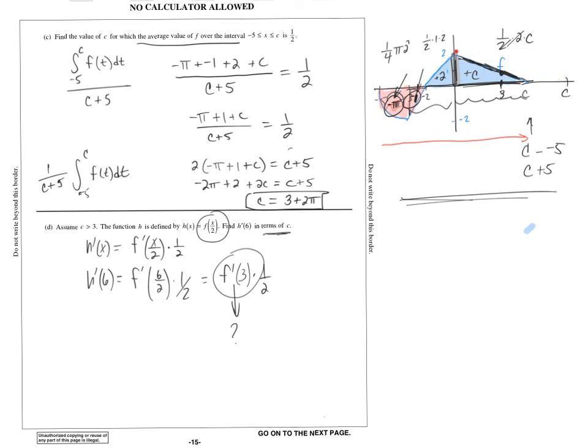We know it's rise over run, and the rise is down 2, and the run is c. So the slope at 3 is down 2 and right c. So we can just substitute that in for f prime of 3, so we get negative 2 over c times 1/2. 2's cancel, and we get negative 1 over c.